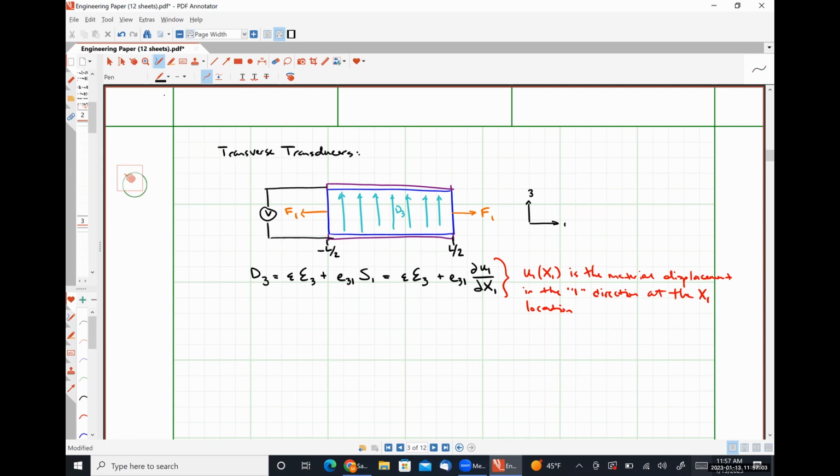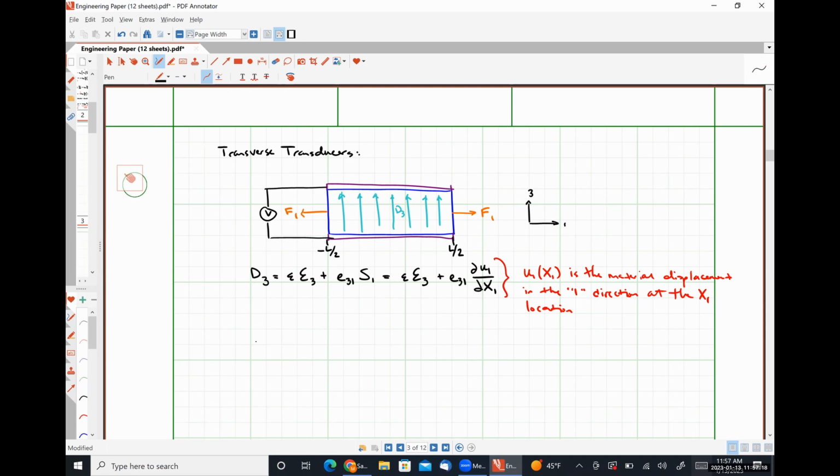This equation is effectively the exact same thing as we saw a moment ago. The only difference in derivation is we would be integrating along the X1 direction, so integrating along the length of our piezo material.